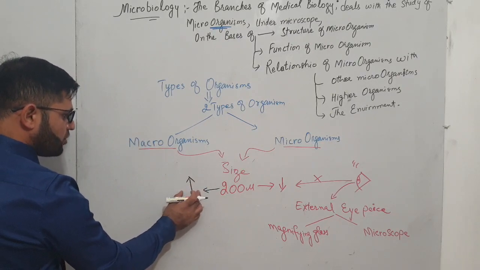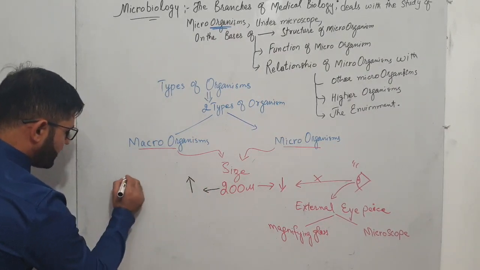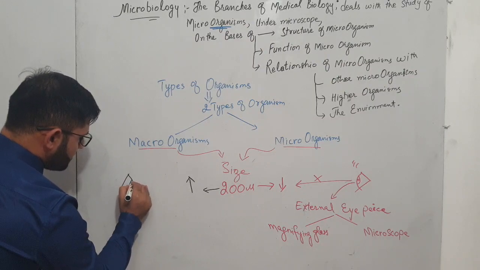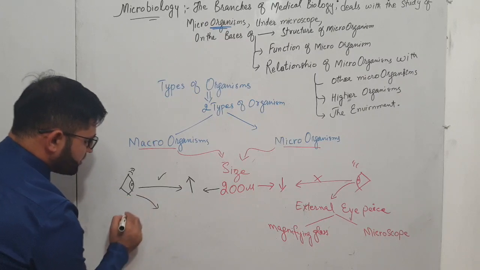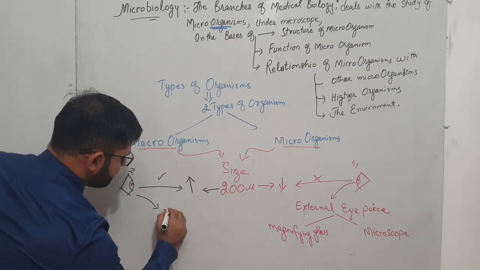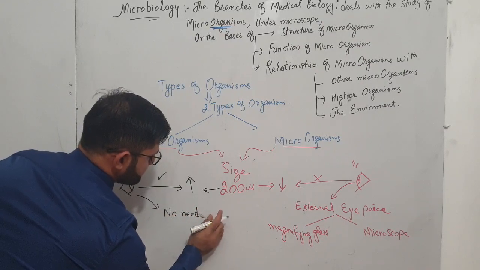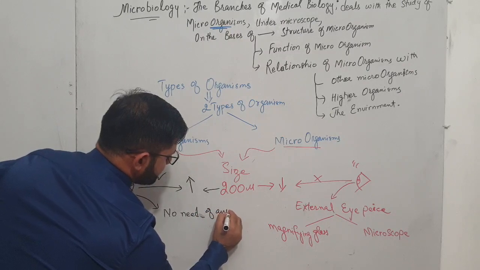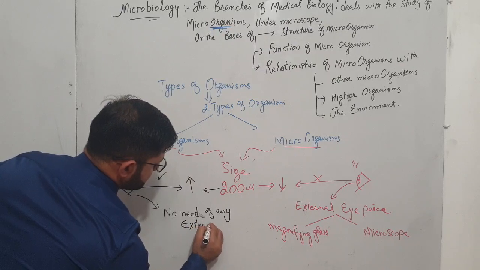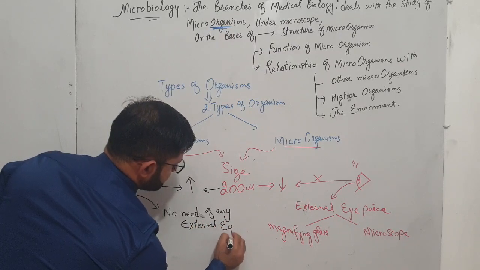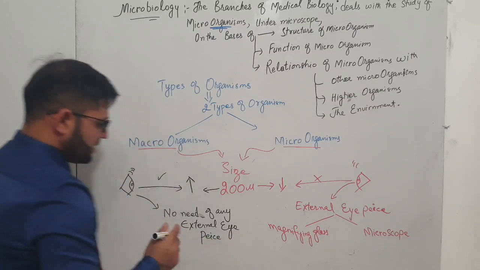If the size of an organism is 200 micron or more, a healthy eye will be able to visualize it, and the eye doesn't need any external eyepiece. Clear?